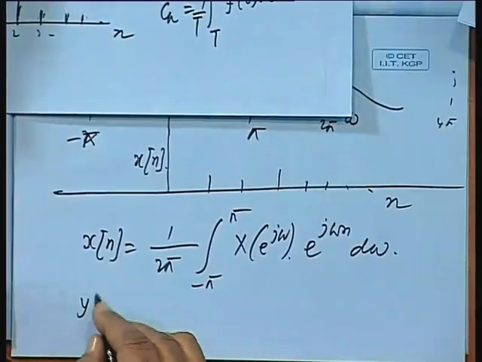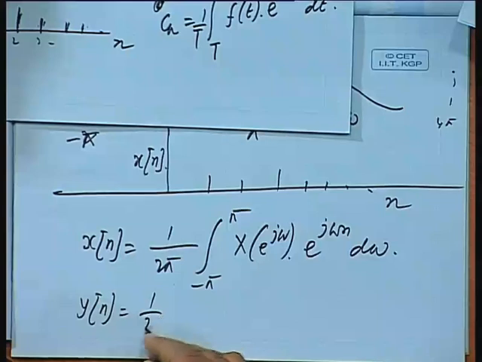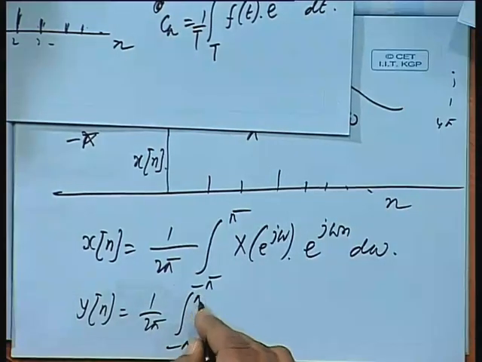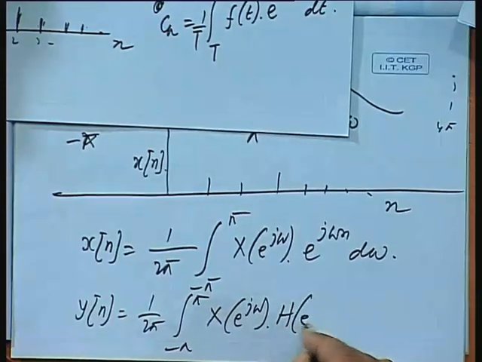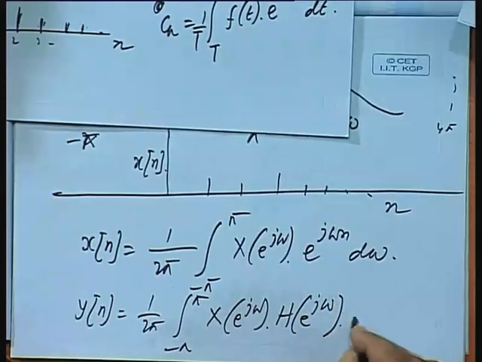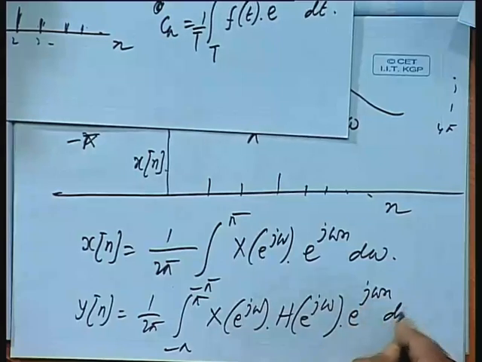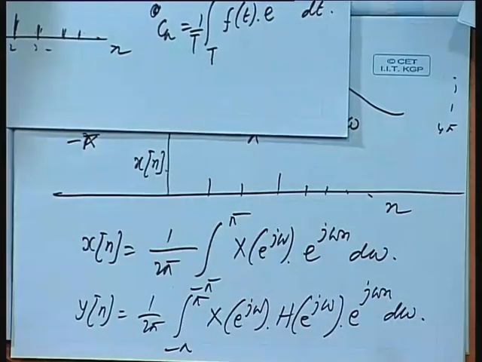So, our y[n] will be 1 by 2π, minus π to plus π, product of X into H. All right. So, given the two sequences, take the frequency domain transform, take the product, then take the inverse, that is integration over a period 2π after multiplying by e to the power jωn.